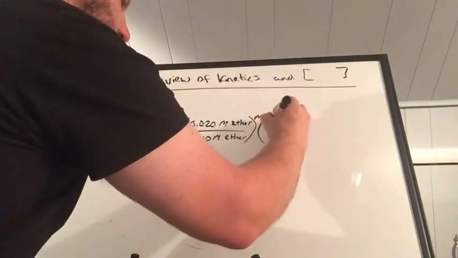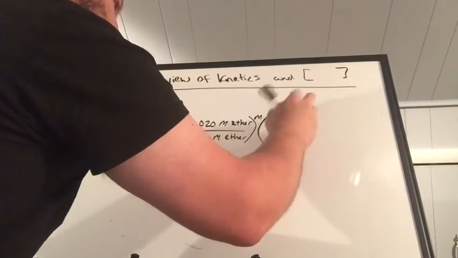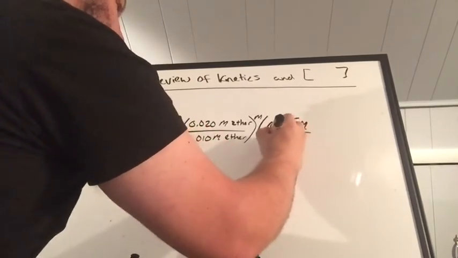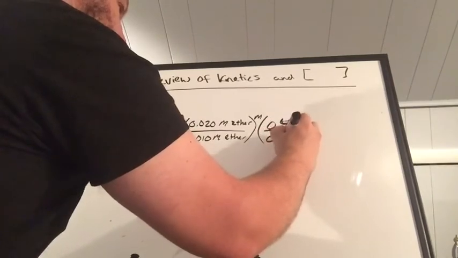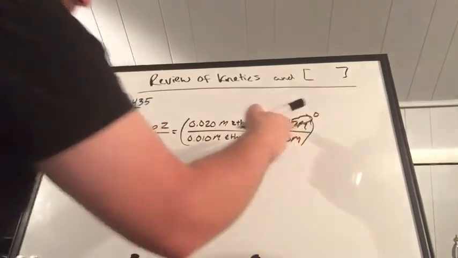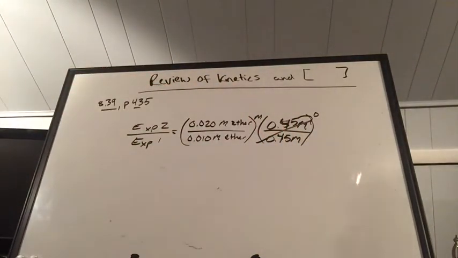So in other words, if water is 0.45 molar, those terms are all going to zero out, because that's just going to be 1 in that particular term. So 1 times whatever is going to be 1.